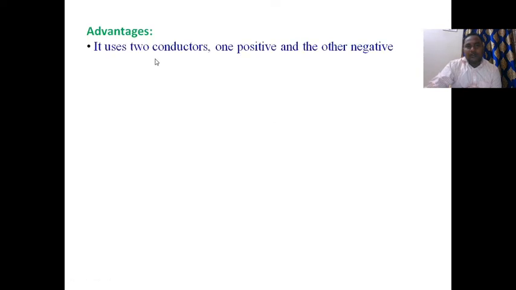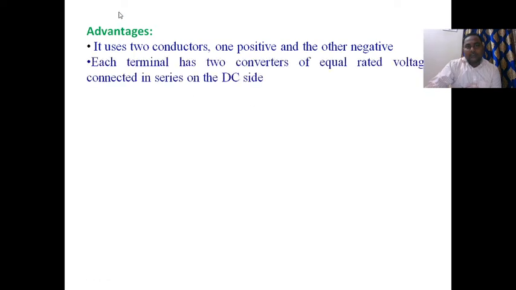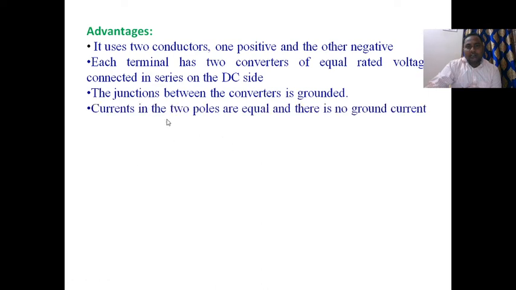Advantages: it uses two conductors, one positive and the other negative. Each terminal has two converters of equal rated voltage connected in series on the DC side. The junction between the converters is grounded. Current in the two poles is equal and there is no ground current.